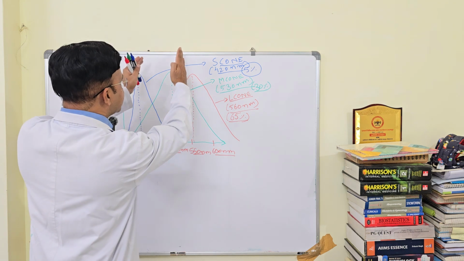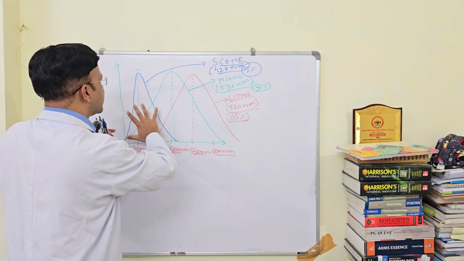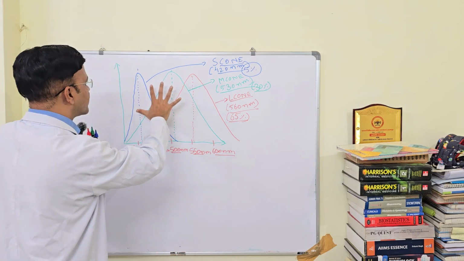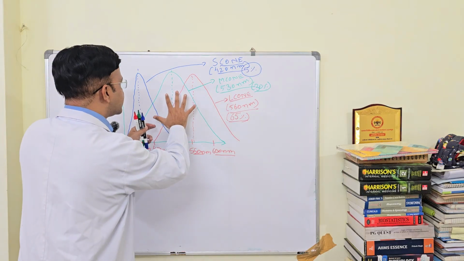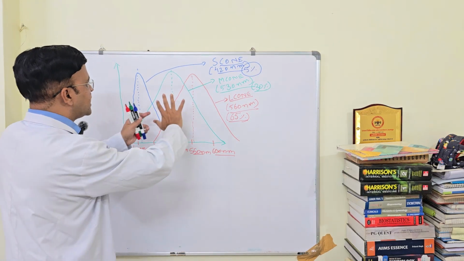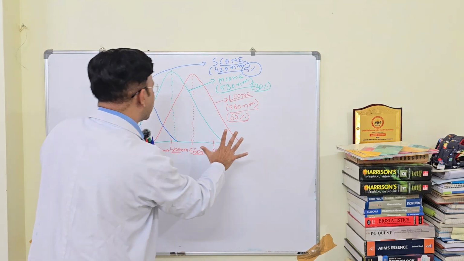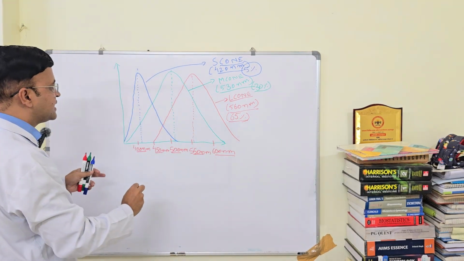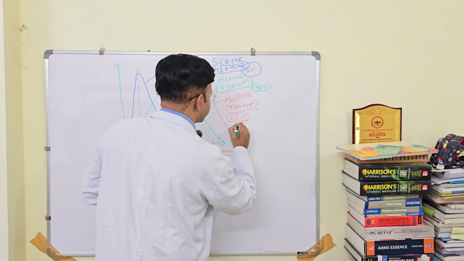Now suppose green light is coming. It is not going to stimulate only one type of cone. It is going to stimulate some portion of blue cone also, some portion of green cone also, and some portion of your red cone or L cone also.